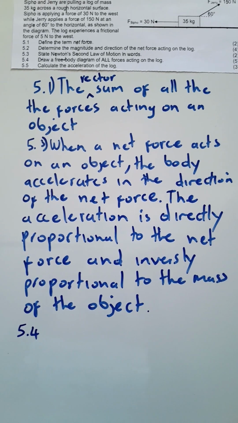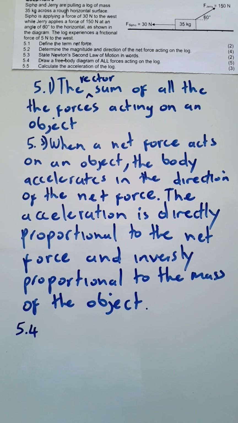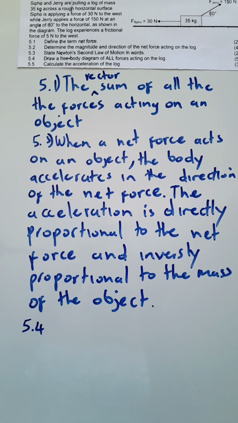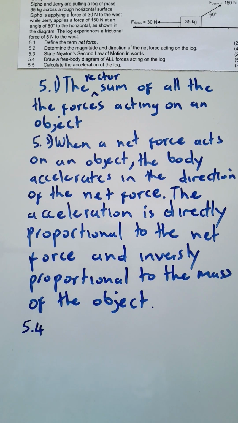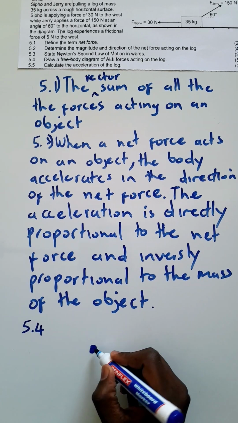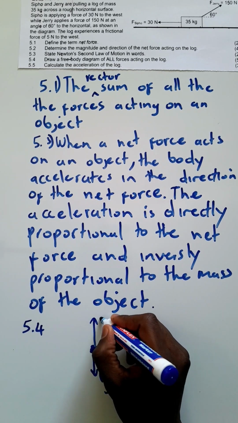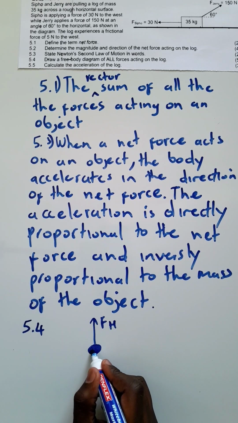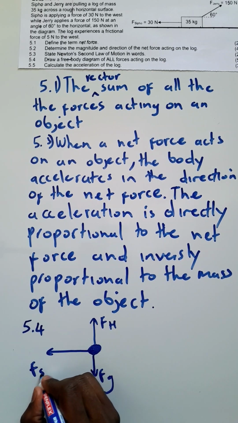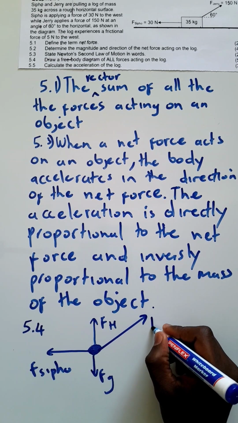So what do we have here? Without going into components of Jerry's force, the free body diagram would be: we have the big dot, we have gravitational force from the earth, and we have normal force from the surface, and we have Sipho's force, F-Sipho, to the left, and we have Jerry's force.